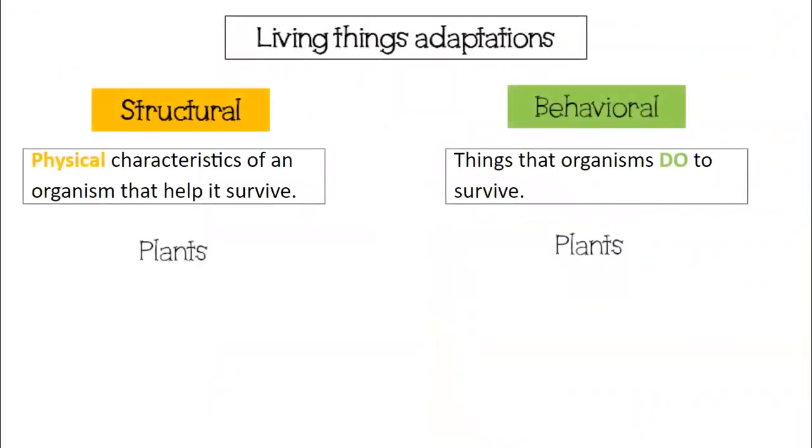So, once again, living things adaptations can be structural. That means that the physical characteristics of the organism help them survive. Or behavioral, things that the organism do to survive. In this case, in plants, we have the example of the cactus that has spines.